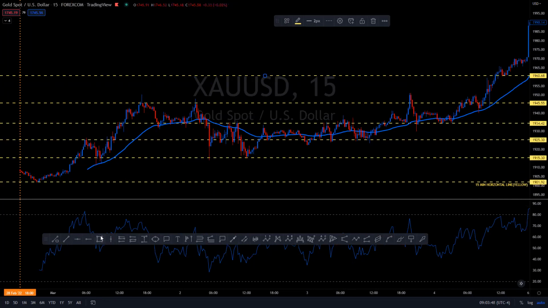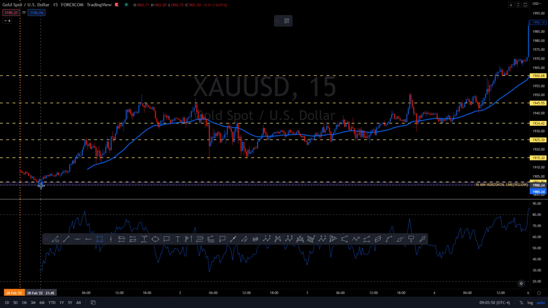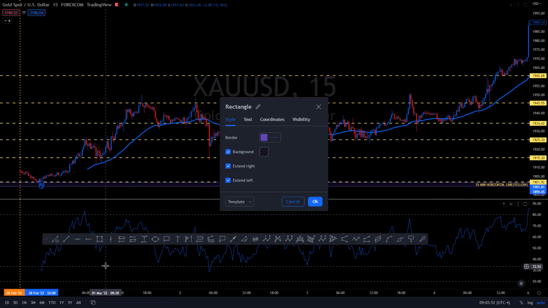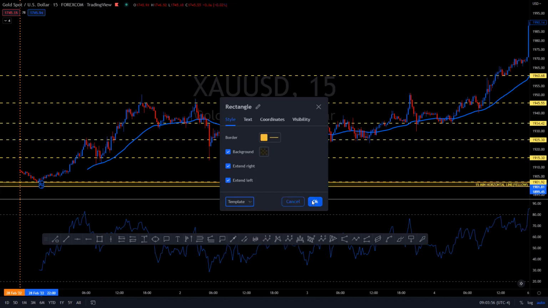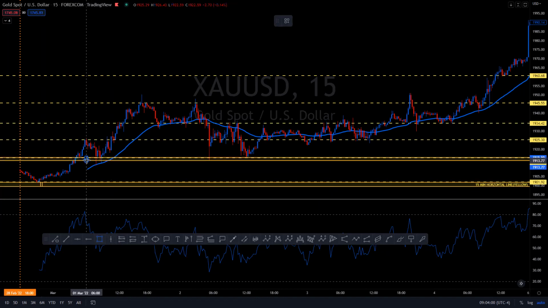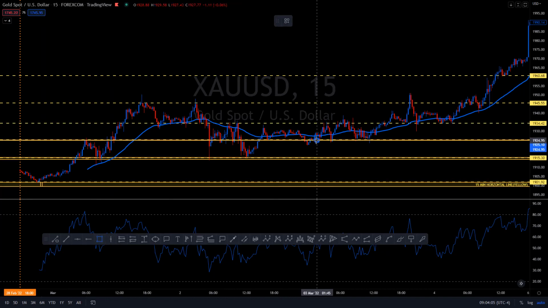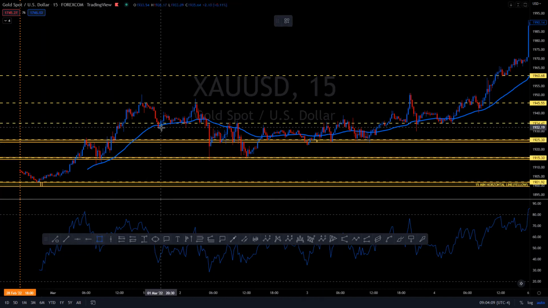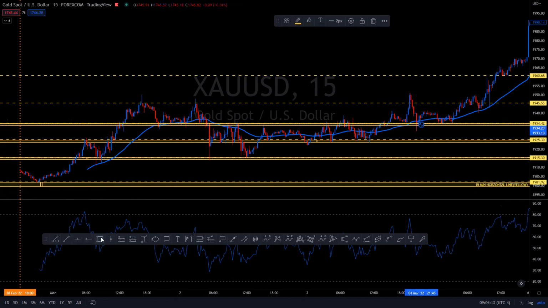So now what I'm going to do is draw my zones in these areas, and then we're going to move on. I'll try to make these as thin as possible, not too much, because we don't want to make these zones too big for the smaller time frames.